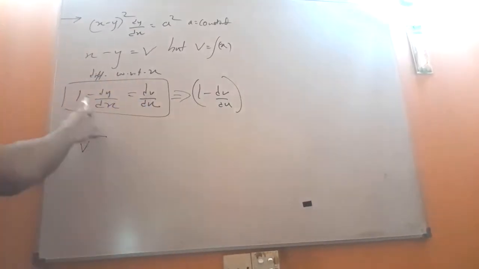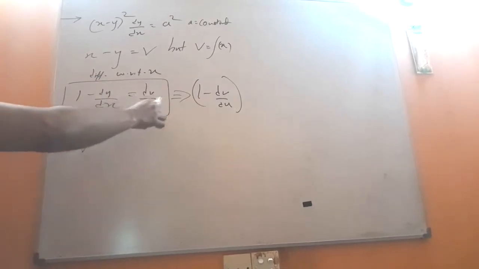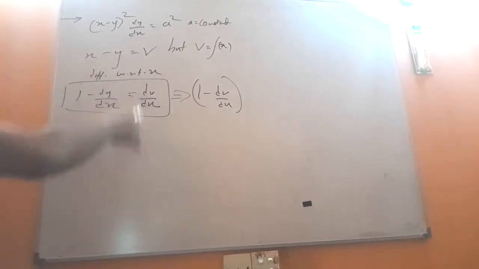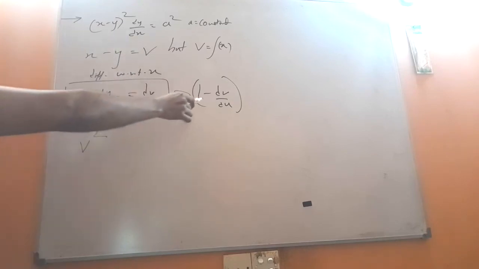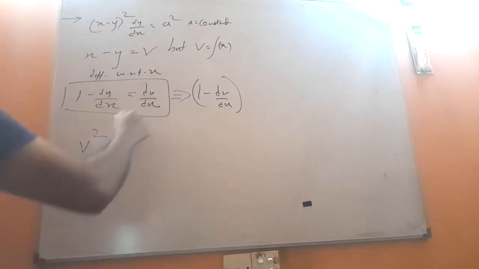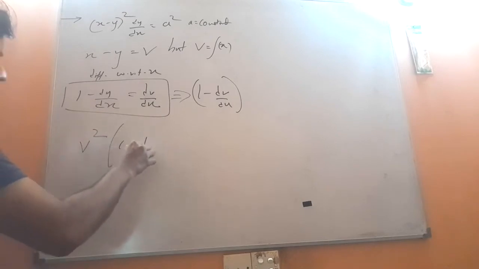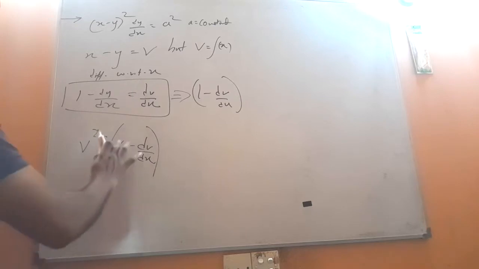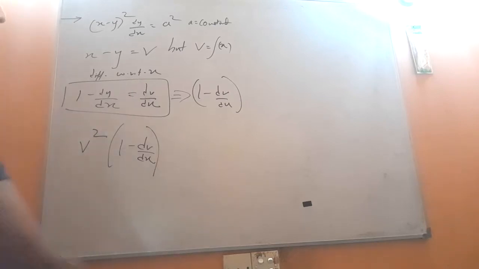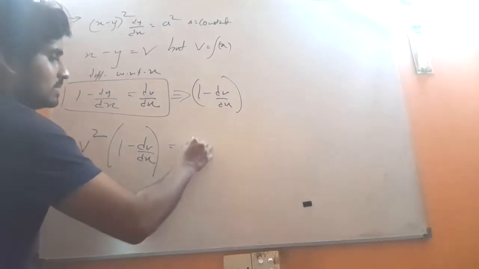Right? Dy by dx equals 1 minus dv by dx. So for v squared times dy by dx, you can replace that part with 1 minus dv over dx. Let's write v squared times 1 minus dv over dx equals a squared.